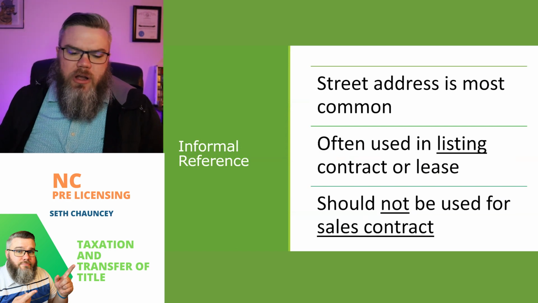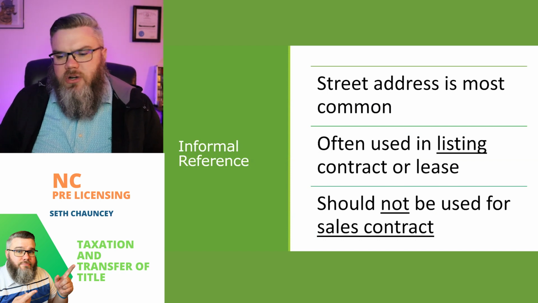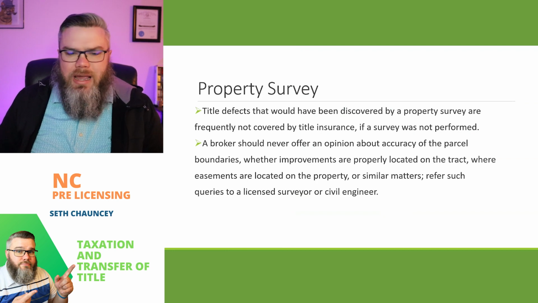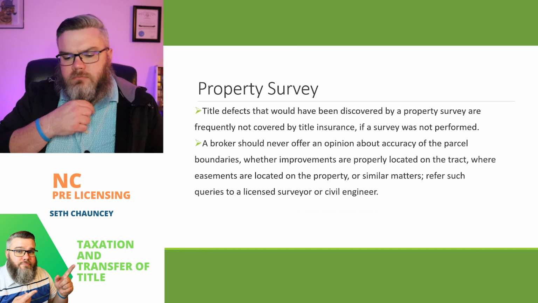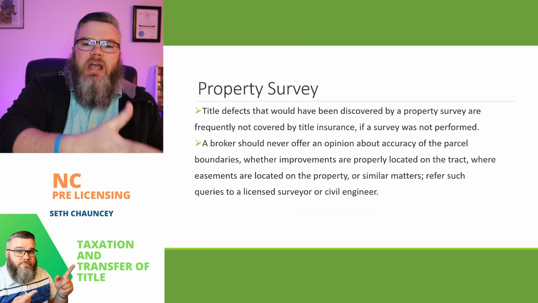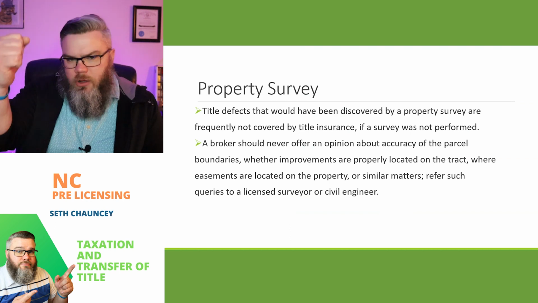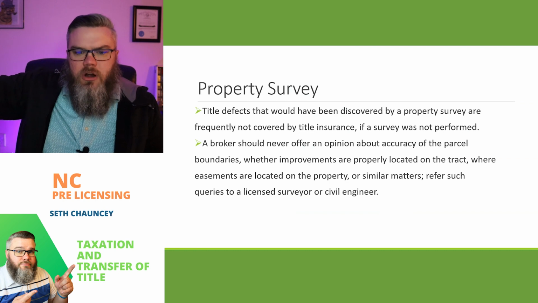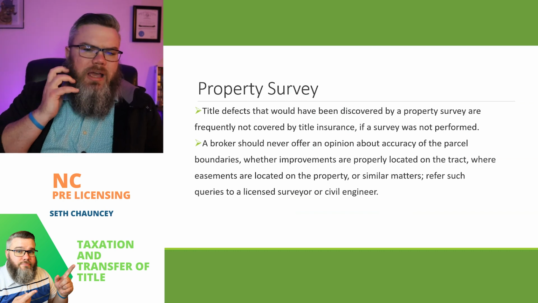So let me just make sure y'all are comfortable with one other term I threw out there, and that is a survey. Folks, a survey is where a surveyor, a licensed person who has this skill, can come out and find all your property boundaries. If you ever have a survey done, they will typically come out and put little flags or stakes in the ground to show you where your different points are, because those iron rods, as I said, are typically buried in the ground or barely hanging out.